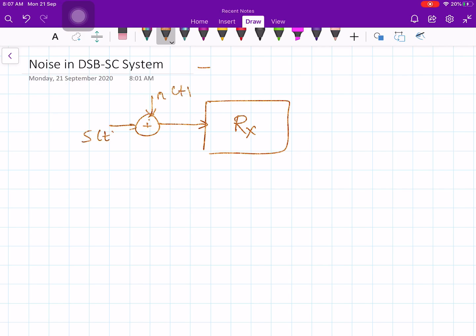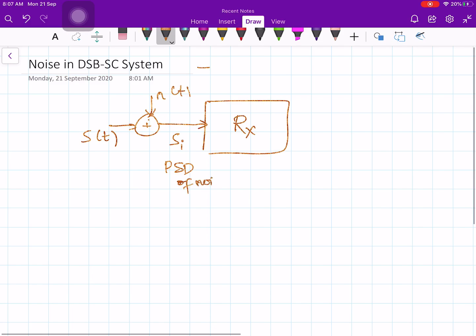So I need to consider what is the signal power input to this receiver, and the power spectral density of noise. From this I can find out input noise power. Similarly, in the output I need to find out the signal power at the output of the receiver, S naught, and noise power spectral density of the output of the receiver, N naught. So these are the four parameters that we need to consider.